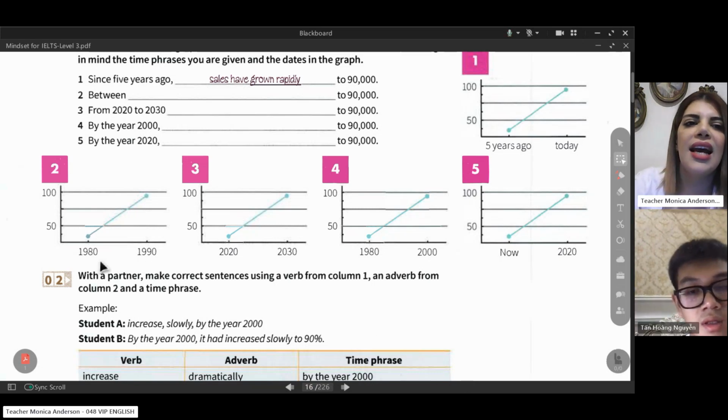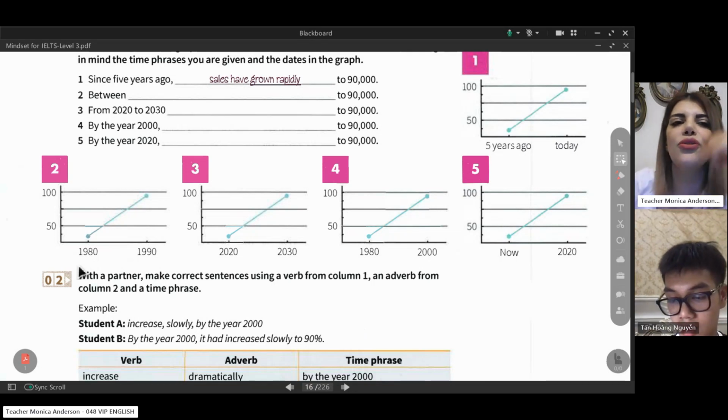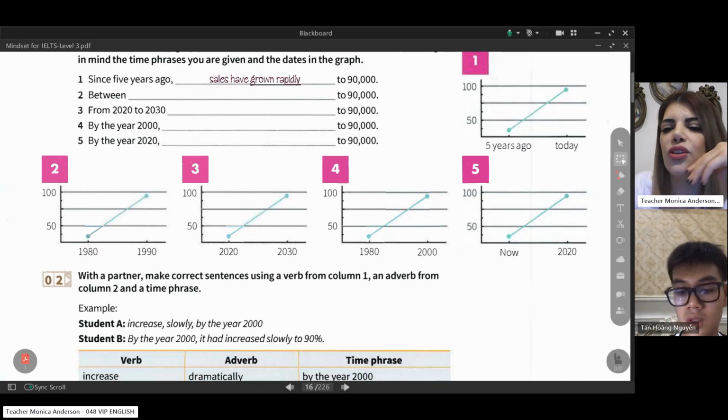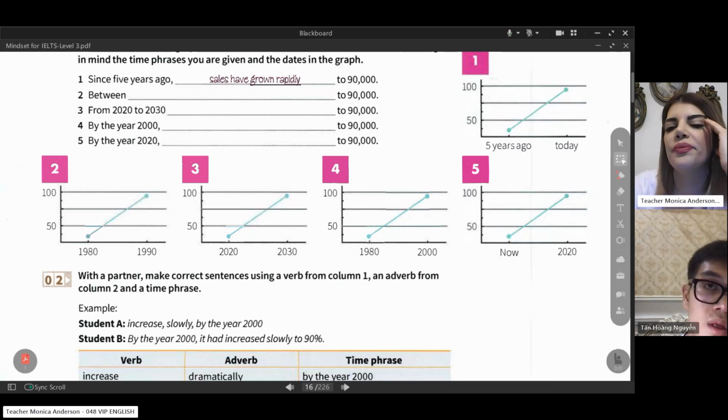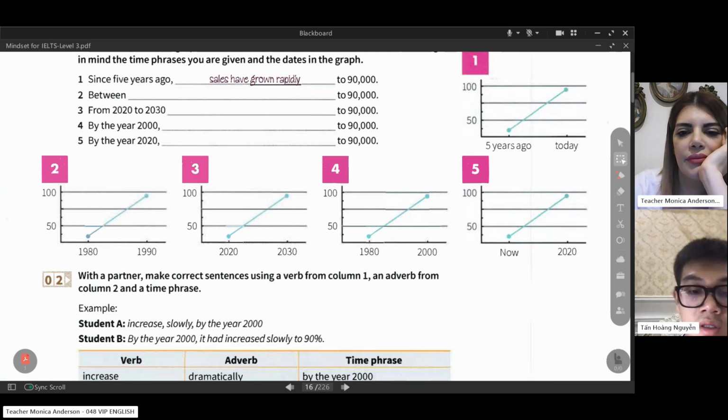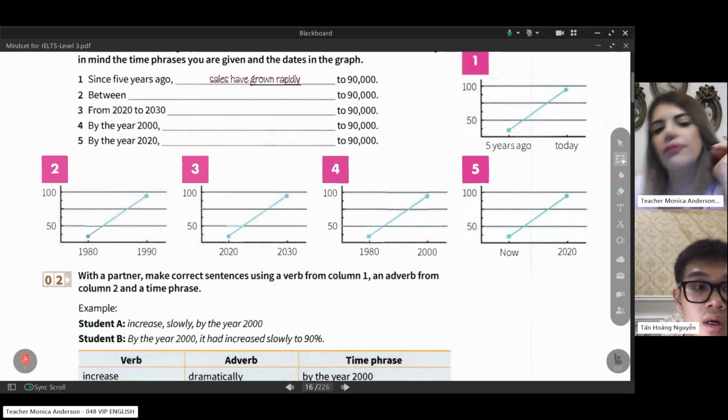Very good. And number 3, from 2020 to 2030. So one is present, one is future. I think this will be future.